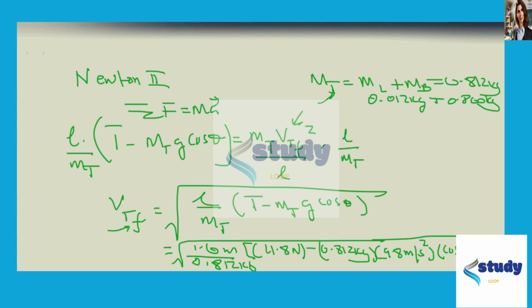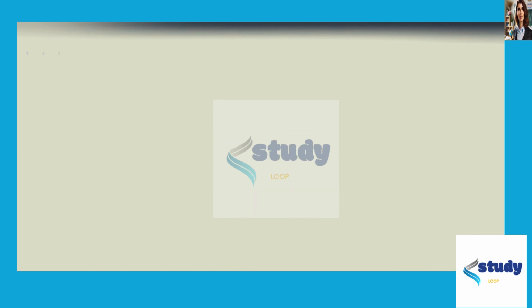And then we get a velocity. So the final velocity for this system happens to be 1.272 meters per second. That's just the first part, or the first step, and then we'll use the conservation of energy.